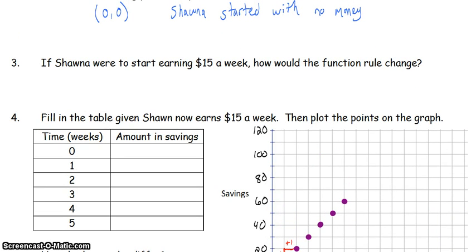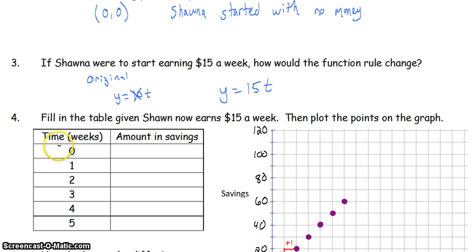Number 3 says, if Shauna were to start earning $15 a week, how would the function rule change? Well, our original function rule is y equals 10t. But now, that 10 would go away, and it would be y equals 15t. We're multiplying by 15 instead of 10.